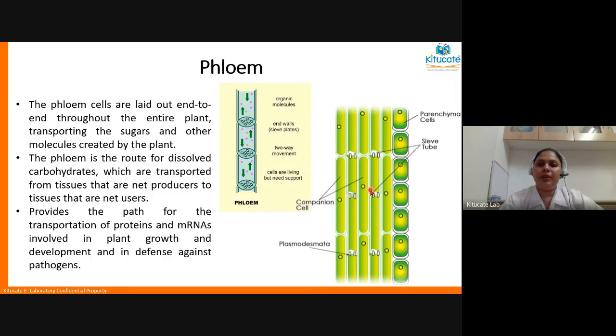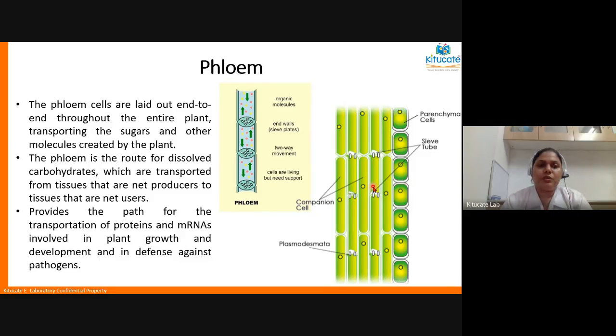Now in case of phloem, all the cells except the phloem fibers are living cells. In xylem, except the xylem parenchyma, all were dead cells. In phloem, except phloem fibers, all are living cells.